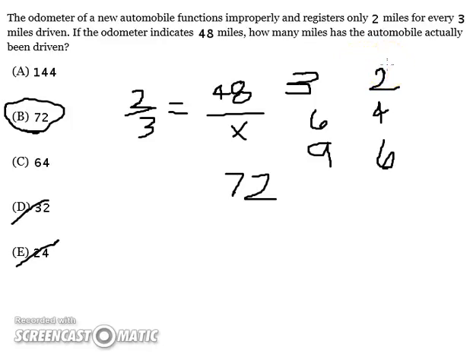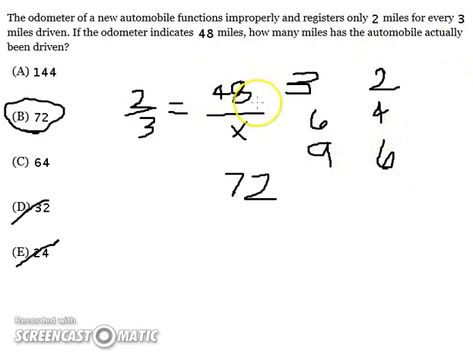And we talked about that when we crossed off D and E here. But it's not that much more. I mean, it's not double. This isn't 2, 4, 6 and 4, 8, 12 over here. So these actual miles driven are not quite double what shows on the odometer.